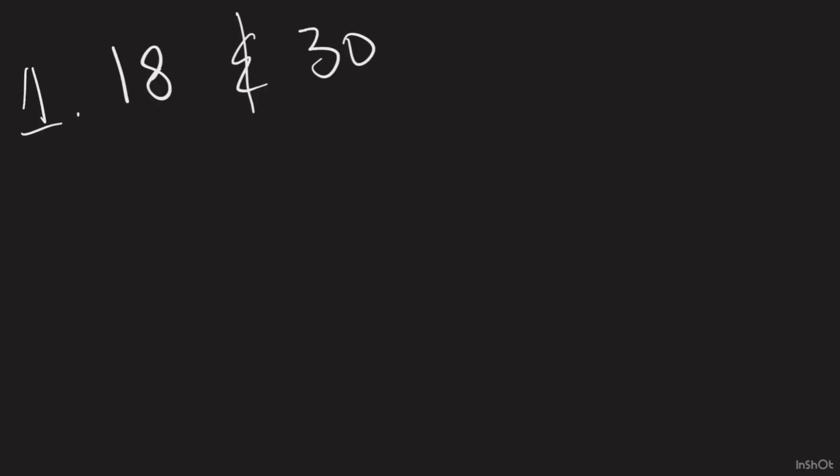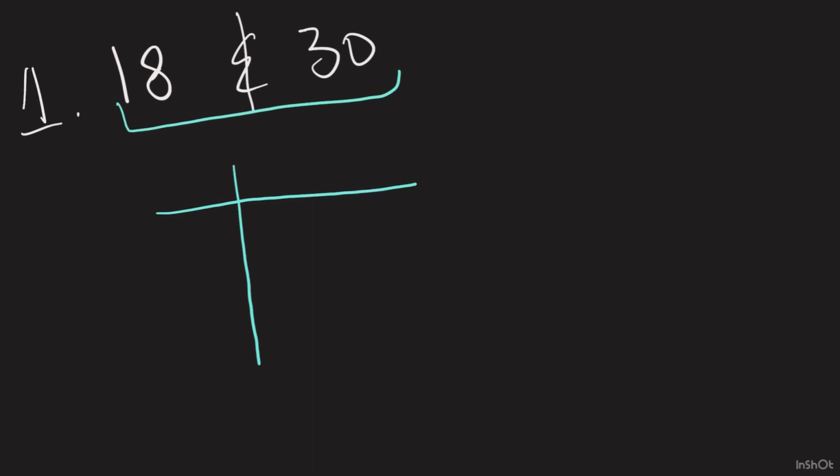Okay, now let's start with the first question. The first thing you want to do is draw a grid or a shape like this. The two numbers that you're given, you put on the top right hand side. So 18 and 30, separated by a comma. Next, every single number on the left side has to be a prime number.